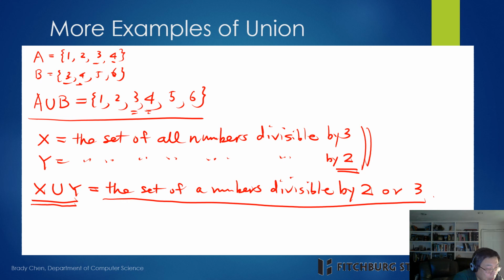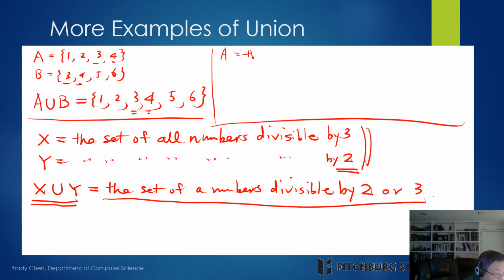Now let's take a look at the other example. Let's say, okay, I'm going to use A, the set of all even numbers, and B, the set of all odd numbers.